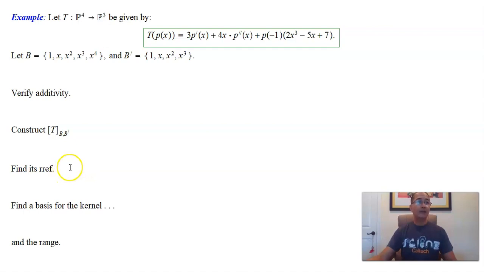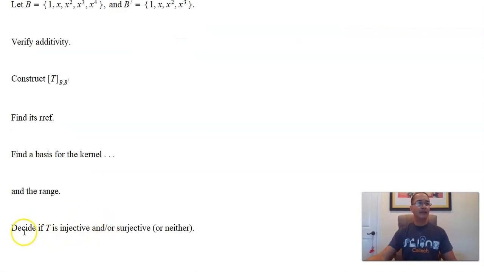We'll find the REF, one click, and from the REF, we will construct the basis for the null space and then the kernel. And similarly, we will construct the basis for the column space and then the range. Last thing we'll do, we'll decide if our transformation is injective or surjective or neither or both.